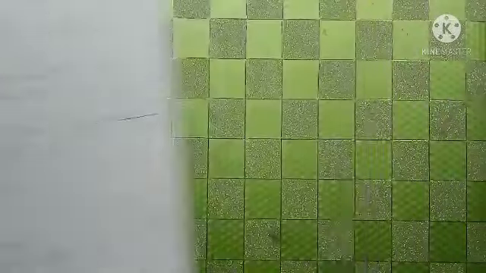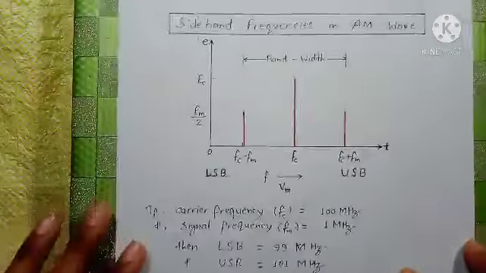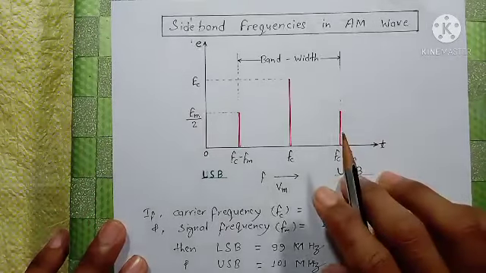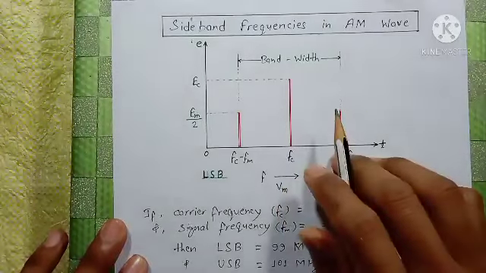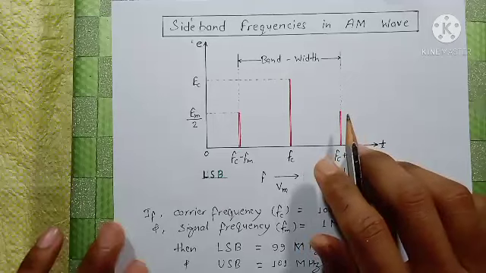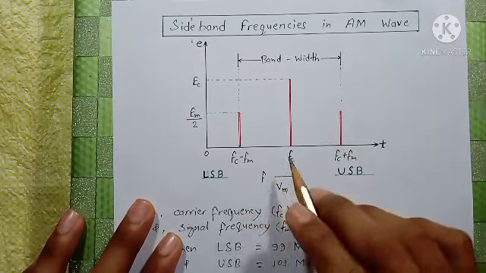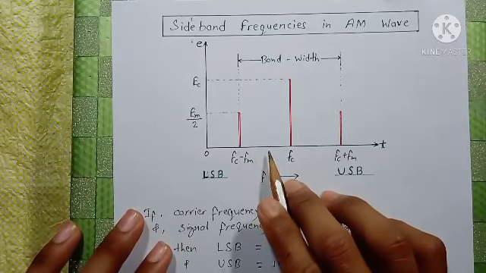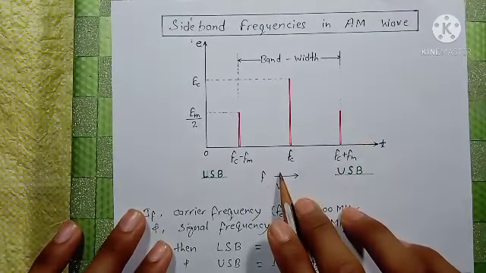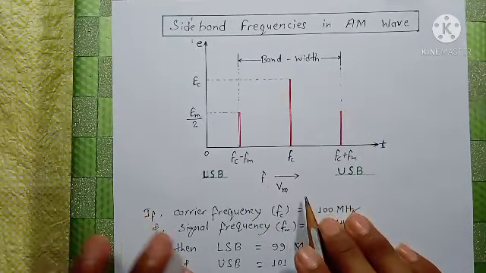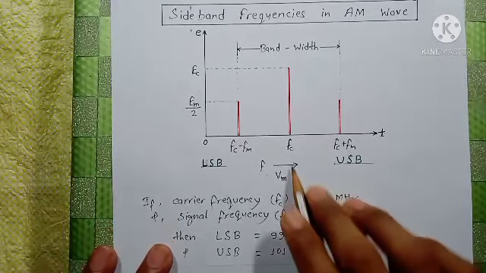Now we will see the sideband frequency. This figure shows the sideband frequency in AM wave, and this is the spectrum of sideband frequency. The figure shows the frequency spectrum of AM wave. The frequency components are shown by vertical lines.